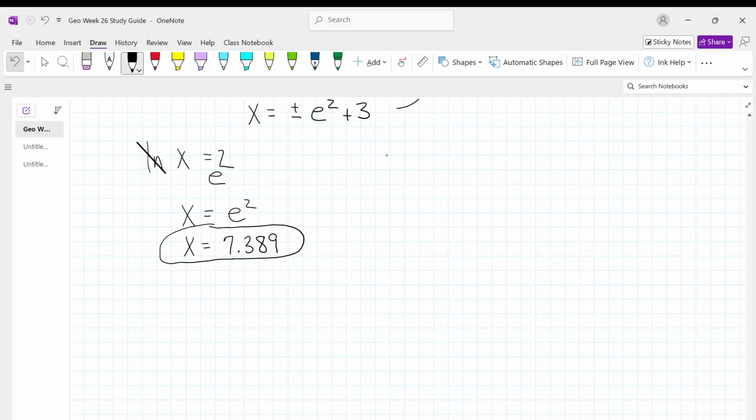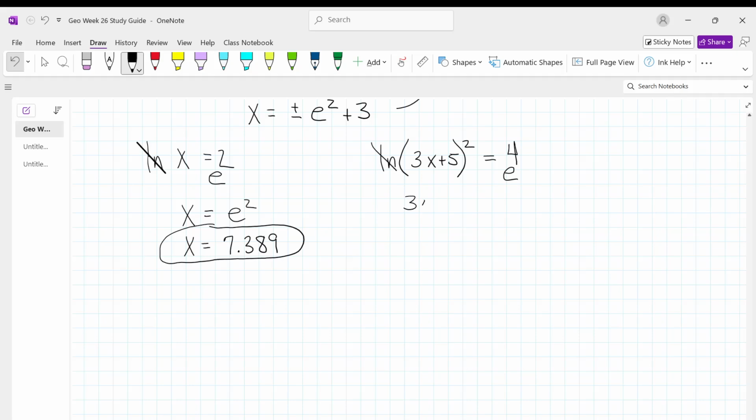Natural log of (3x plus 5) squared is equal to 4. So again, we're going to cancel this symbol, add e to the right side.